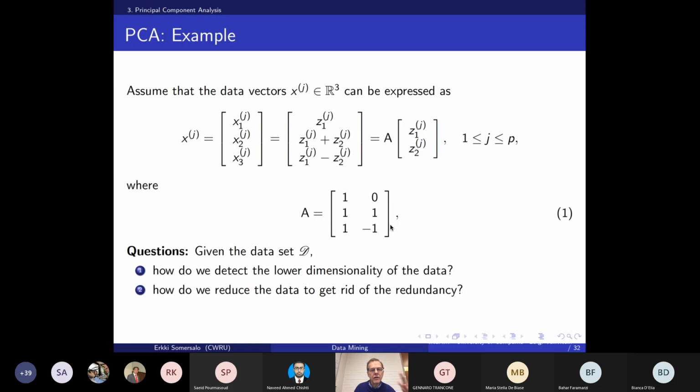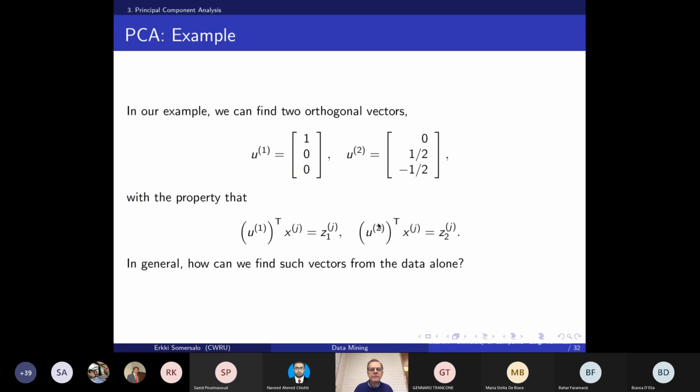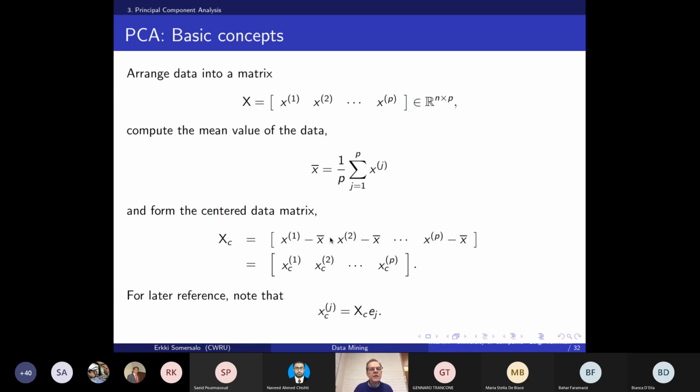So I would like to get rid of redundancy in the data. In this example, since I know what the data looks like in 3D, I find two vectors so that if I take the components along those vectors, I get back my Z1 and Z2, and the problem is completely resolved. But this is not usually the case. So what we do is use matrix techniques, and organize our data into a big data matrix.